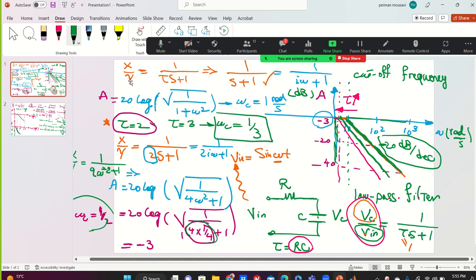Remember, when this is 1, at omega 0, this is 1, that's right. Logarithm of 1 is 0. So for low frequency, this is 0, meaning output over input is 1.